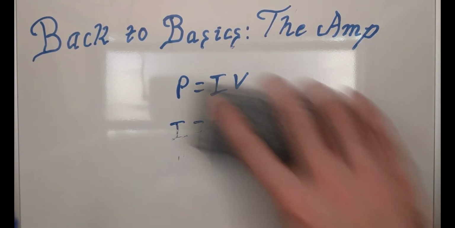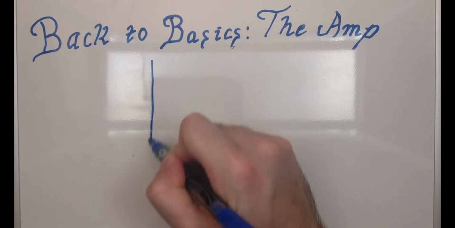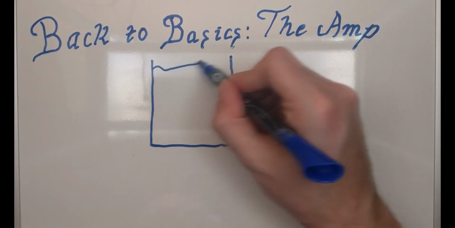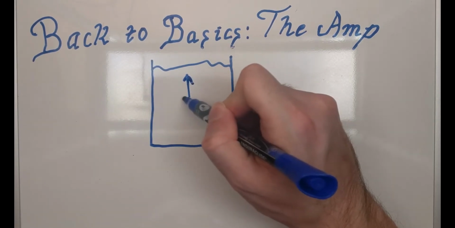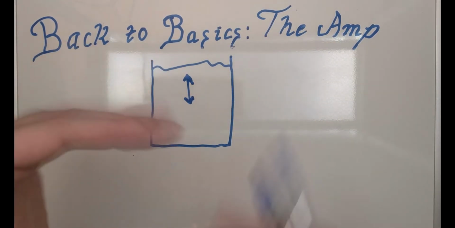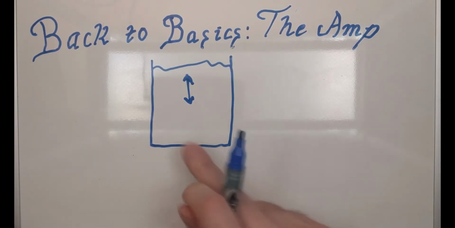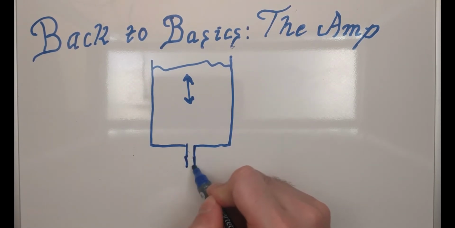Now, if we return to our water explanation of current and voltage, we have a tank of water. The height of the water determines the amount of pressure at a single point, which determines our voltage. So let's install a valve right here.